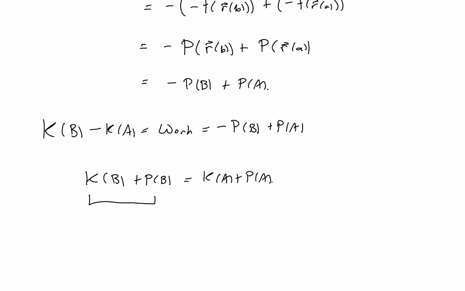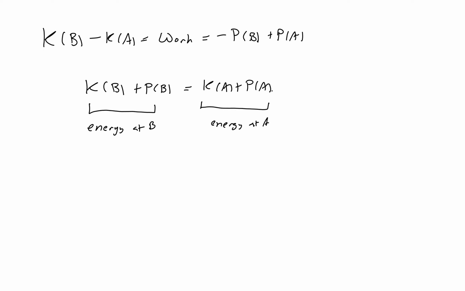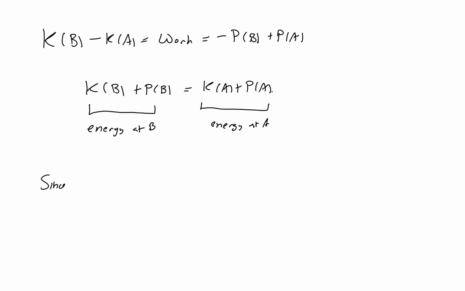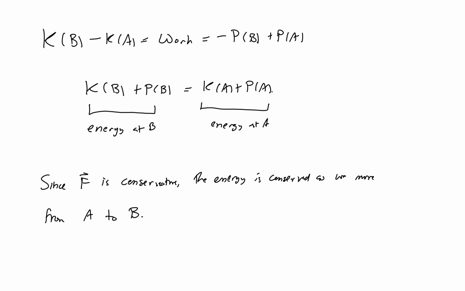So this is the energy at B, and this is the energy at A. Since we have a conservative vector field, the energy is conserved as we move from A to B. And that's why we refer to these vector fields as conservative vector fields.